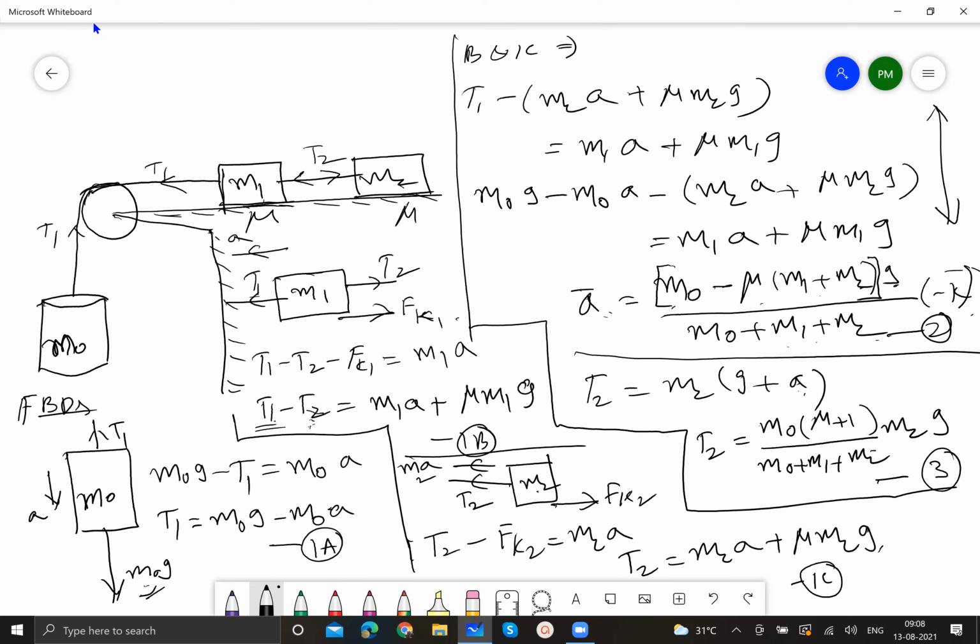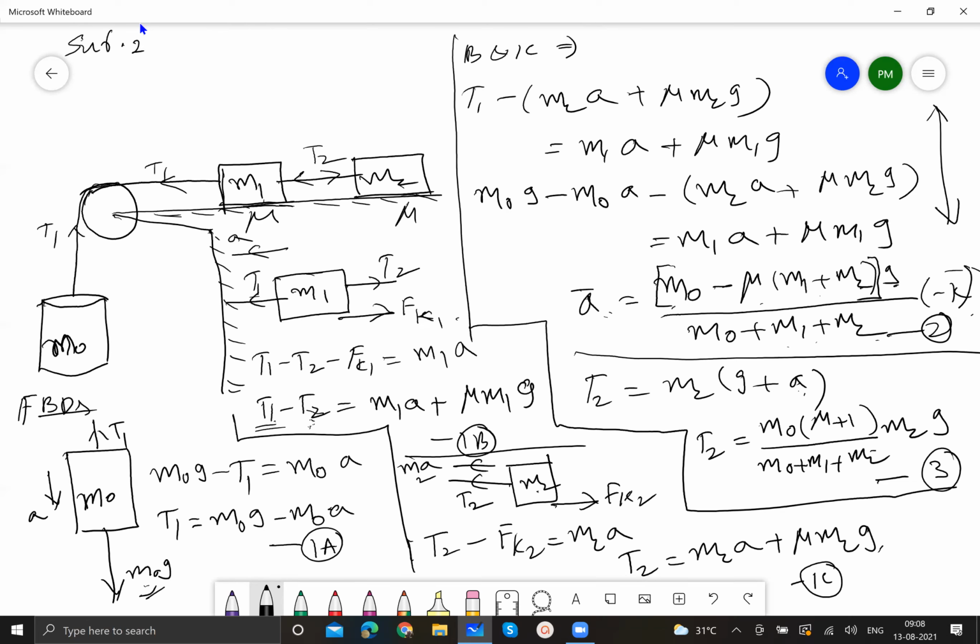So now, substituting 2 and 3 in 1B, or acceleration is there. Directly substitute the formula for acceleration.